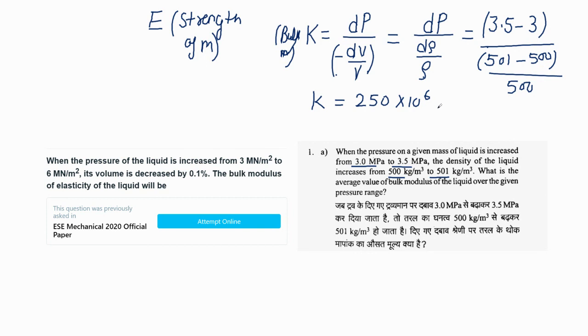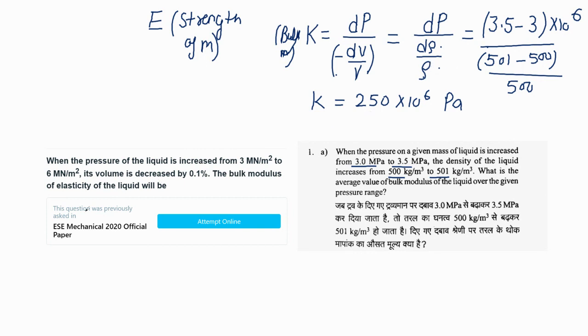The unit of bulk modulus is same as the unit of pressure. So you can write 10 raised to power 6 also, because it is given in megapascal. So the unit is pascal, because here there is density and here there is density, so kg per meter cube will cancel.